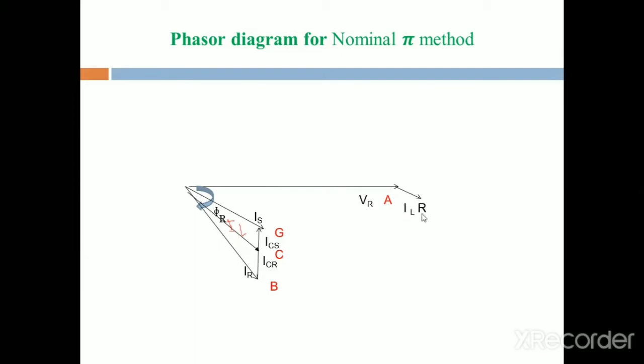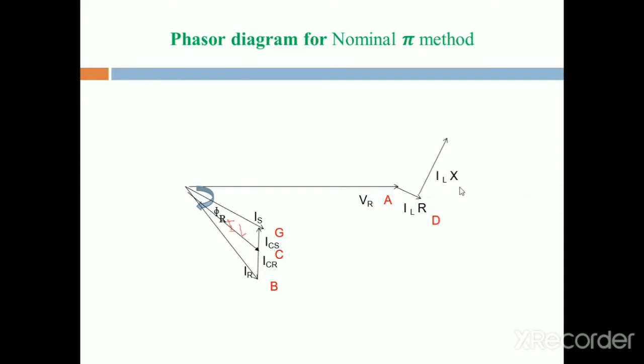The voltage drop in the transmission line due to the resistance is ILR. By projecting this IL line onto VR, it is equal to ILR. At an angle of 90 degrees, we draw the ILX.